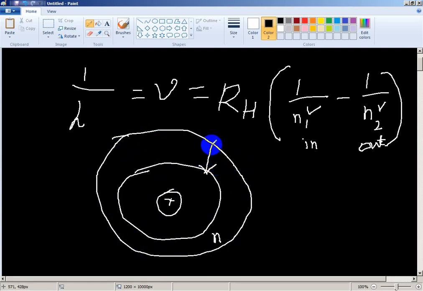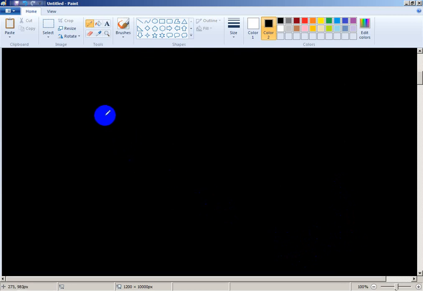So which one is N1? This is the nucleus. This is energy level 1, energy level 2. Which one is N1? 1. Okay, N2? 2. Okay, good.